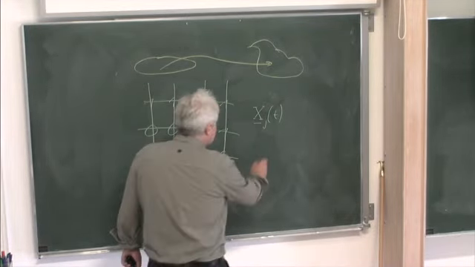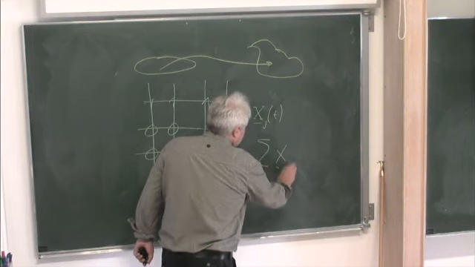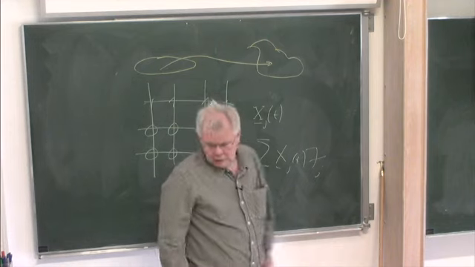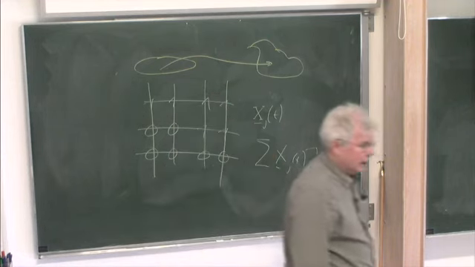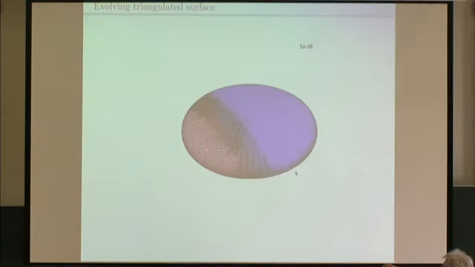Means our surface, in some sense, is the sum of x_j(t) chi_j. I have to be careful what I mean by chi_j, but chi_j is a finite element function. It's 1 at the vertex of a triangle, it's 0 at all the other vertices of the triangle. So this is j, and the finite element function is 1 here, and it's 0 at all other vertices. It's a piecewise linear function. And that's a description of the surface.